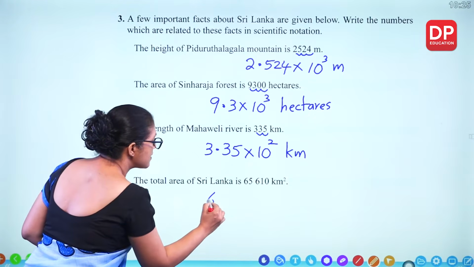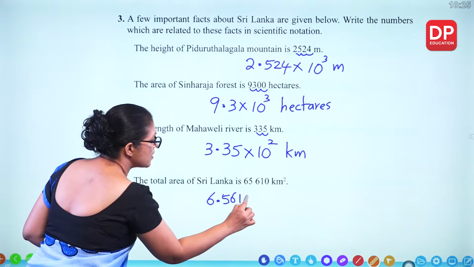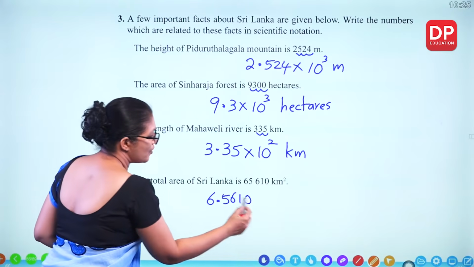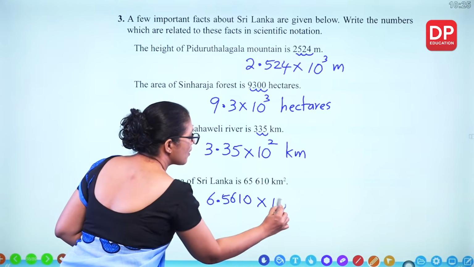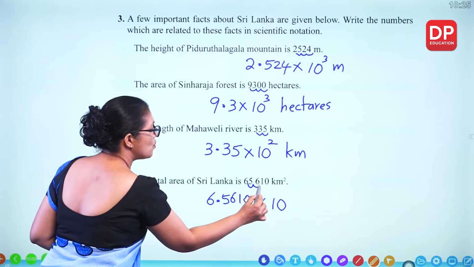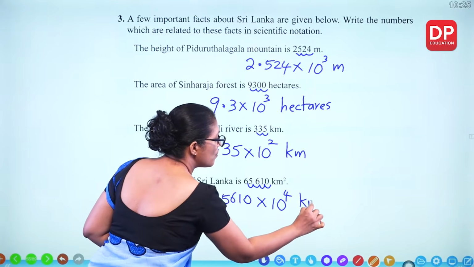So I can write this number as 6.5610. Here you don't need to write this 0. 10 to the power 1, 2, 3, 4 places. So 4 kilometers square.